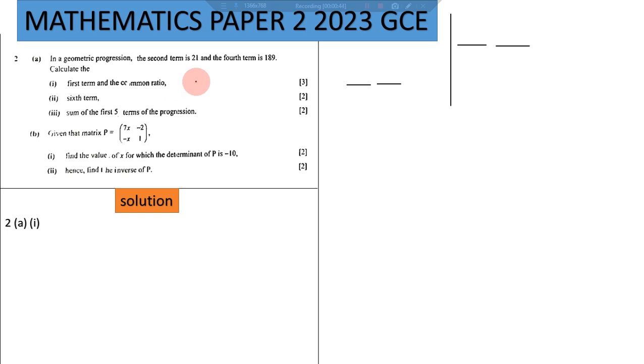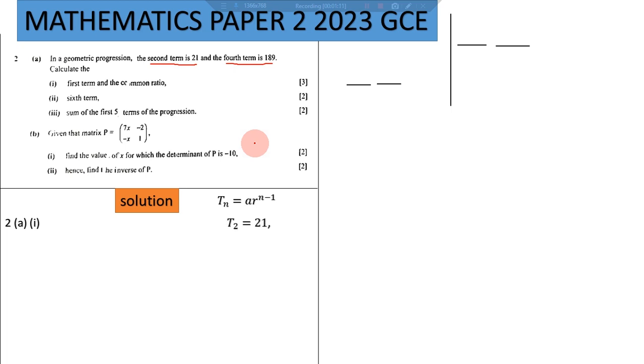So what we are going to use instead of the direct method, we are going to be forming equations. We'll form an equation using the formula for the nth term. This is the formula for the nth term, Tn equals A r to the power n minus 1. We'll form an equation for the second term and for the fourth term.